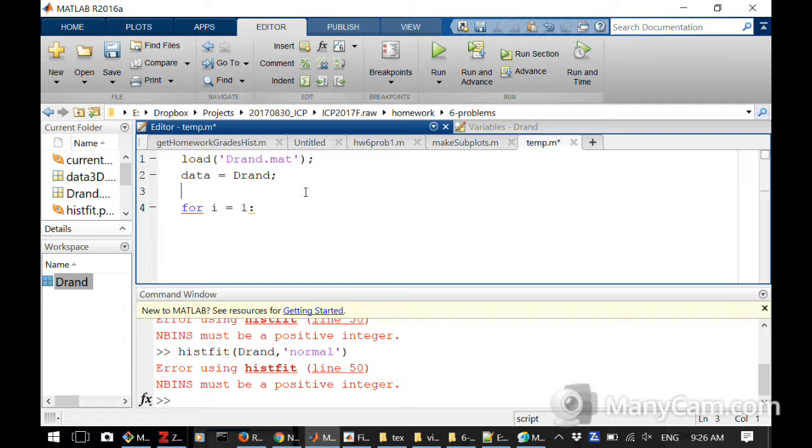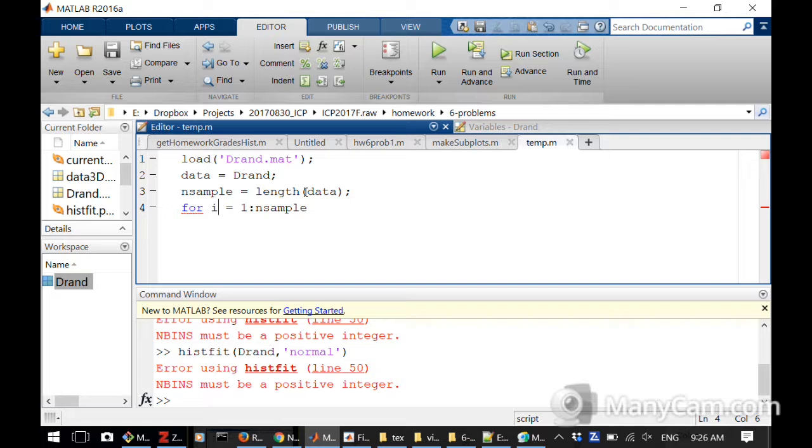I always define the number of points at the beginning of the program. So I say n_pnt or n_sample equals length of what? Data. Okay, great.